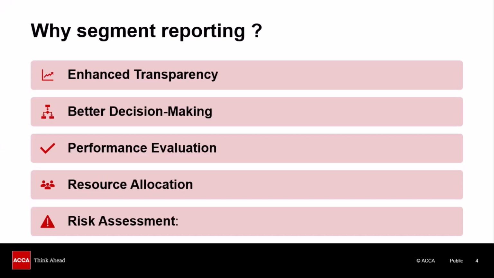And we have resource allocation. Because we've already mentioned that this information is available internally, this is the information that is used to allocate resources. So if you have 5 different segments based on geographical regions, when you perform your evaluation, you then go on to resource allocation.